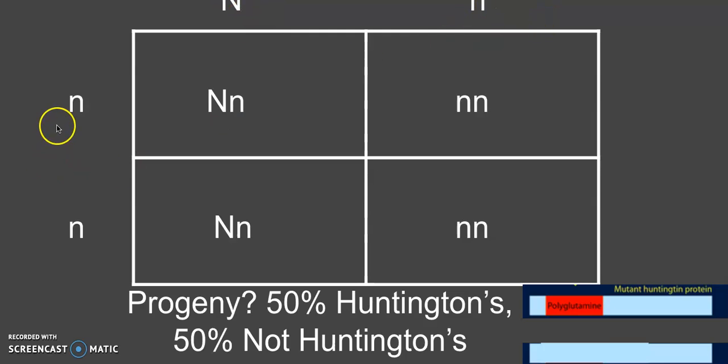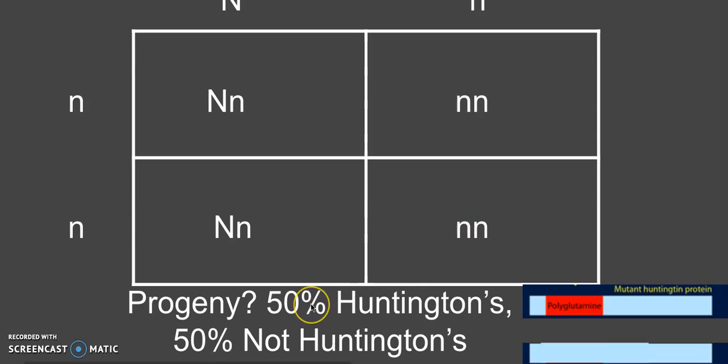And so if we go through our Punnett square, we see that this column is heterozygous. So one big N, one little n, one big N, one little n for Huntington's. And this column all have little n's, and so they are not carrying Huntington's.